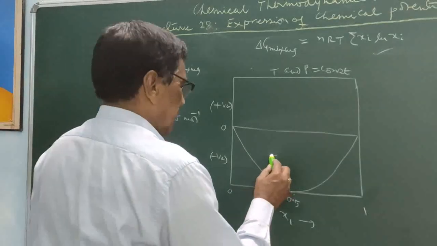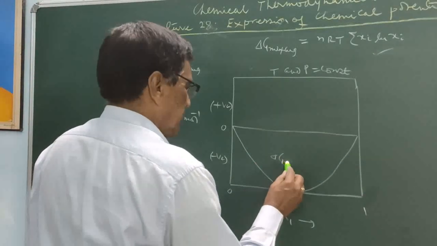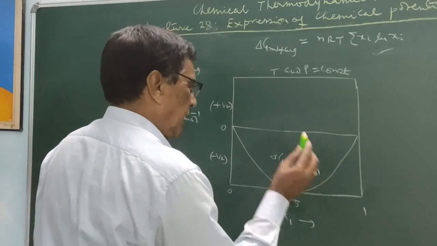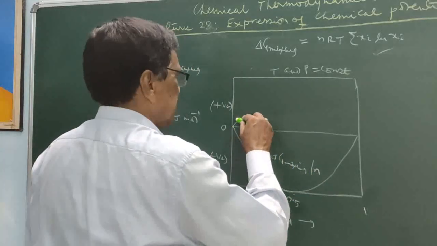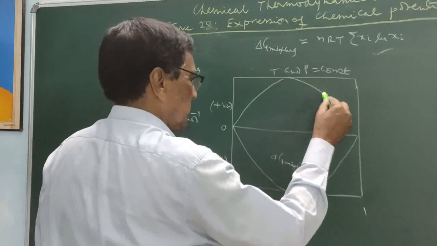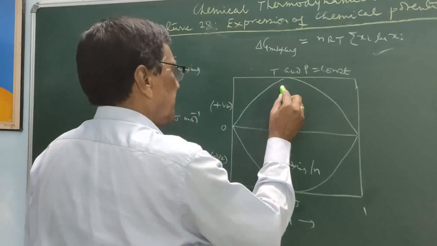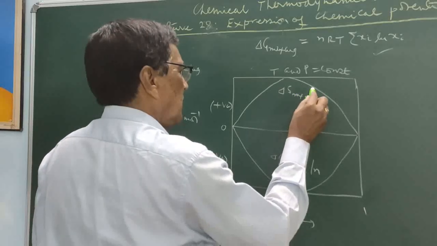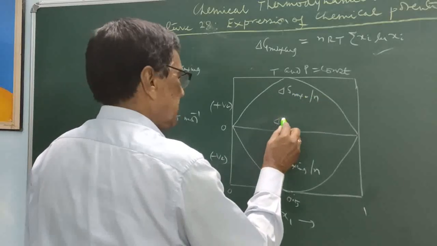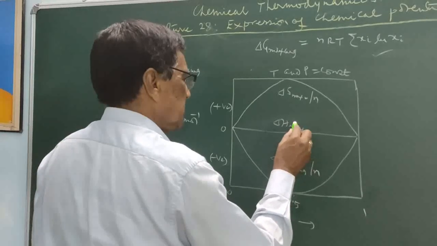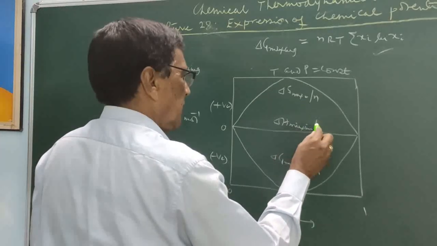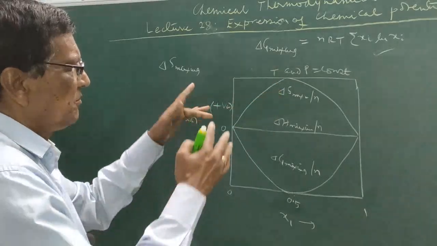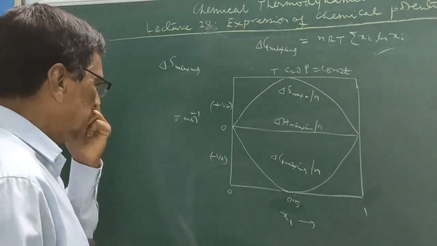This one is the delta G mixing by N, and this delta S will be like this, delta S mixing by N, and this is delta H mixing by N. So all these three values are plotted in a single curve.